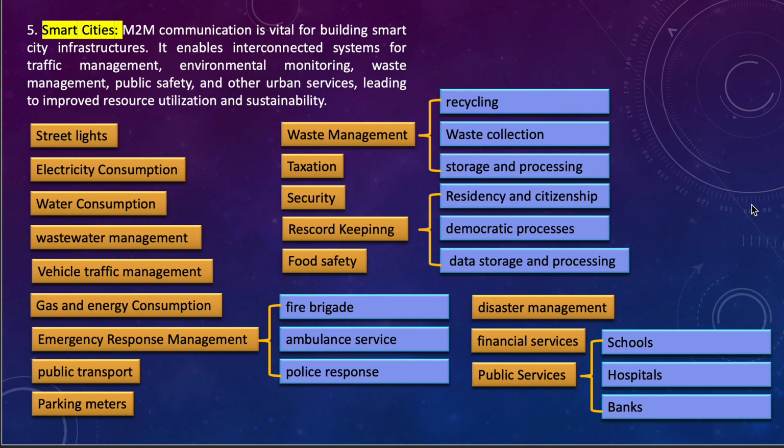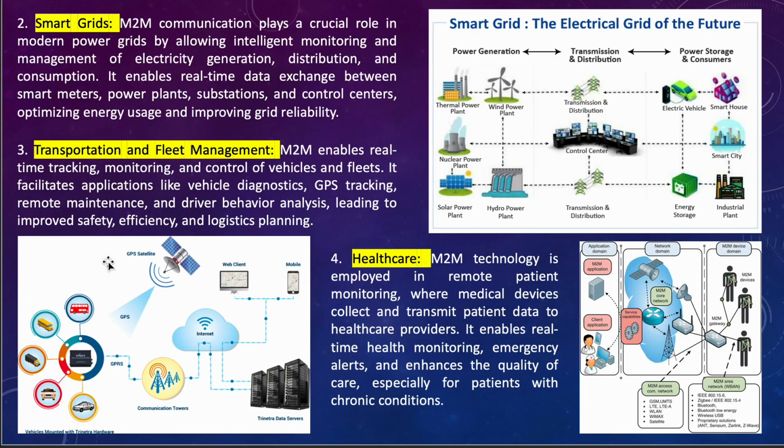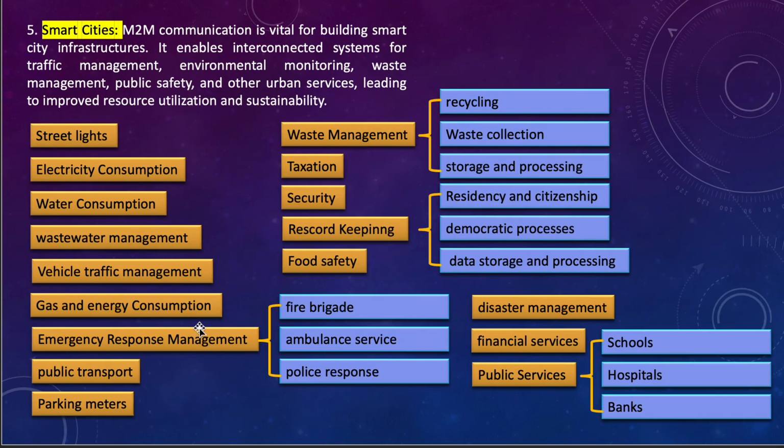Food safety is also a part of governance, right? That would also be a part of logistics as well. So logistic management is a part of a smart city. But not only food safety, waste management is also a part of logistics.